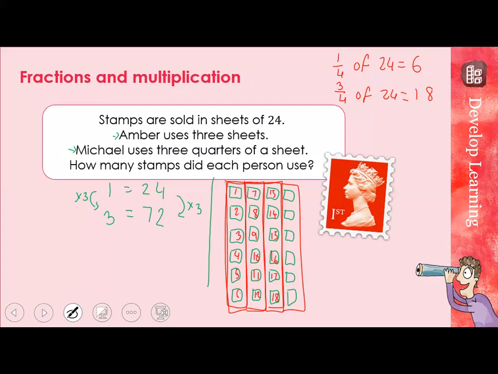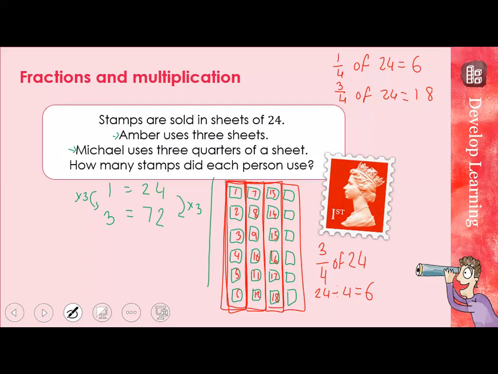So here is how we work these questions out a little bit more quickly. If I am asked to find a fraction of something where the numerator is not 1, I have to do it in 2 steps. First, I have to find, for example, 1/4 of it. So I'm going to do 24 divided by 4, which gives me 6, which is what I did in this stage.